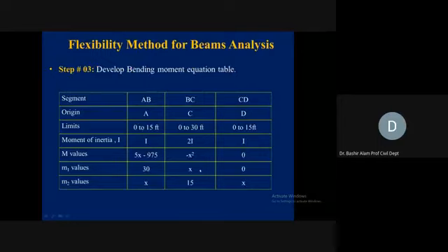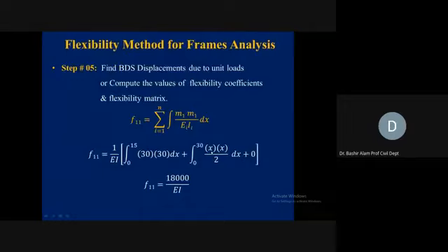This will be x times x, this will be 0 times 0, and the limits also you can see here. This is 30 times x, and this is 0 for the CD member. Now you need to practice these, finding out the products, taking the integrals and putting the limits in, simple calculations, but it will involve a lot of calculations.